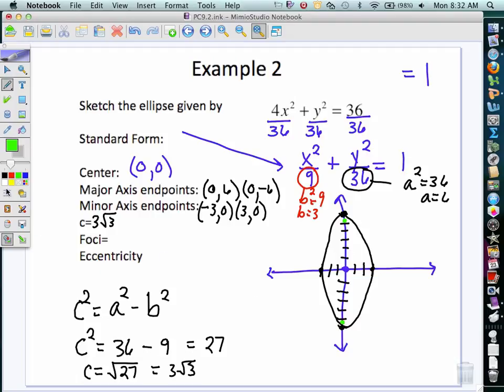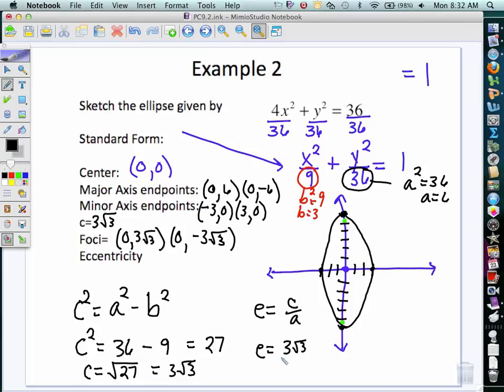Well, 3 square roots of 3 is a little bit more than 5. So here and here. But the points, how far away? The points would be 0, 3 square roots of 3, and 0, negative 3 square roots of 3. Those are the actual locations of them because, again, it's how far away they are from the center.